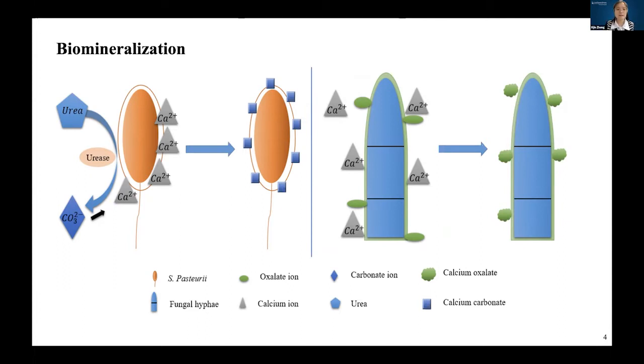The carbonate ions can combine with calcium ions and produce precipitation. However, fungi are well known to produce several types of acid. The most important one is oxalic acid. This acid can also react with calcium ions and produce precipitation, and this precipitation can fill the concrete cracks and heal the crack.